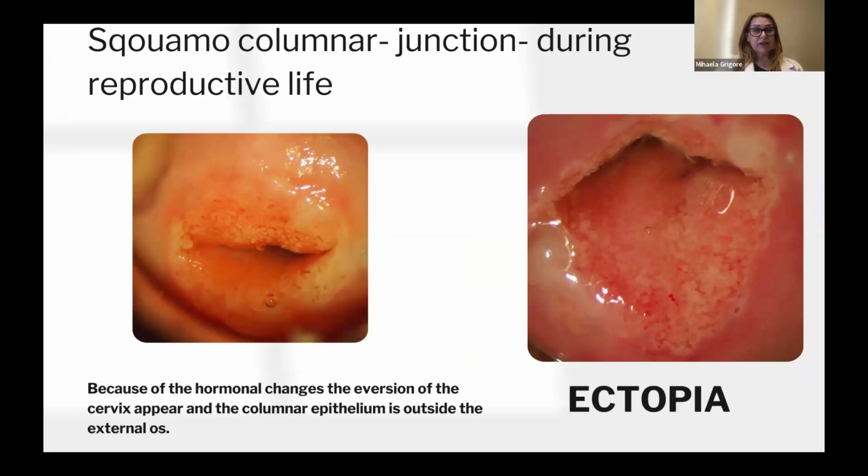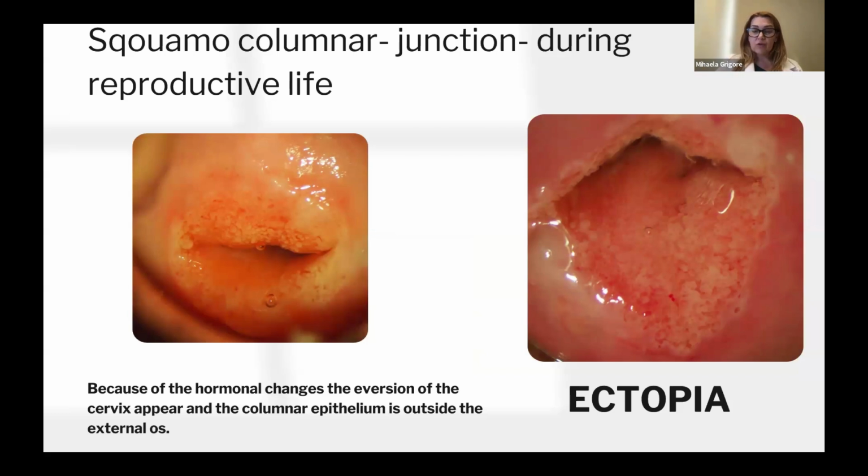This ideal situation is usually during the reproductive life because of the hormonal changes. And because of these hormonal changes, the cervix undergoes the process of eversion, and the ectopic epithelium will be on the ectocervix, like we see here in this picture.